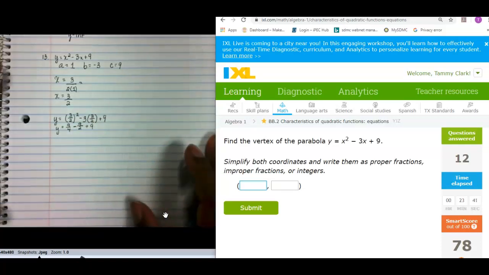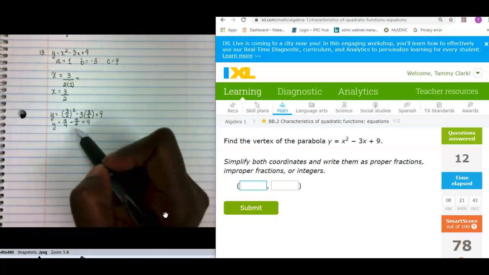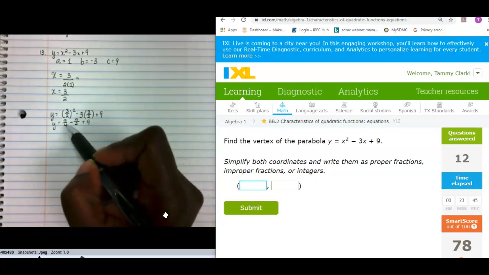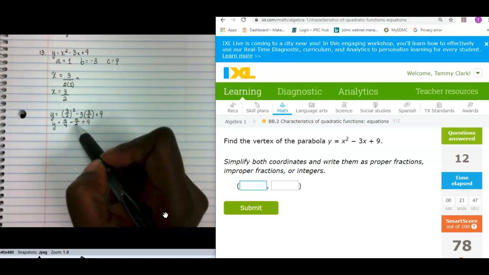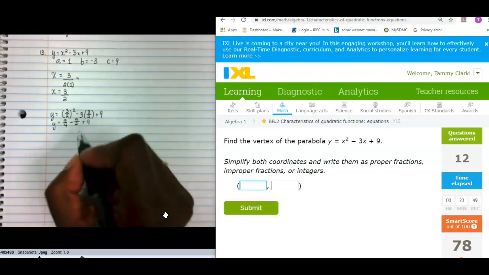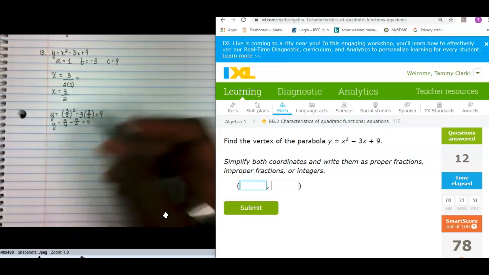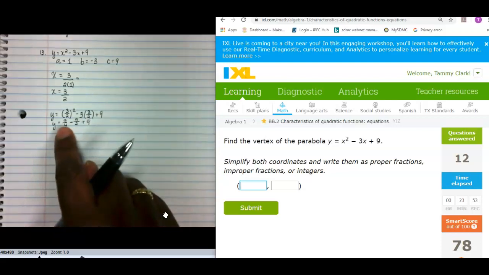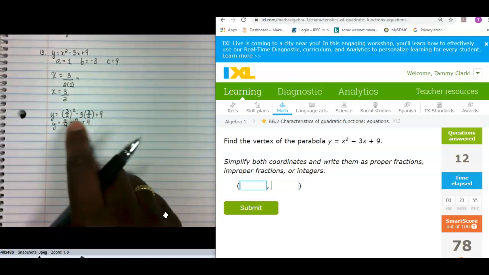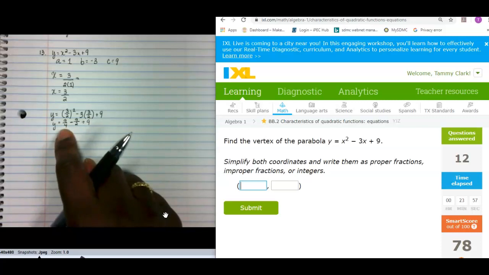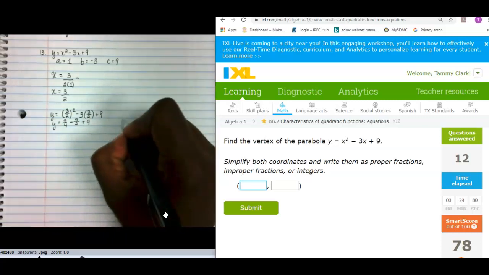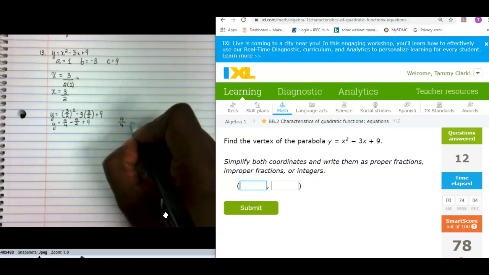Now, if you remember working with fractions, in order to add or subtract fractions, the denominators have to be the same. So that's what we're going to do. We're going to change all of these denominators to the same number. And we're going to change them to 4 because 2 is a factor of 4. So I'm going to keep the first one the same. Now, the second one is 9 halves.